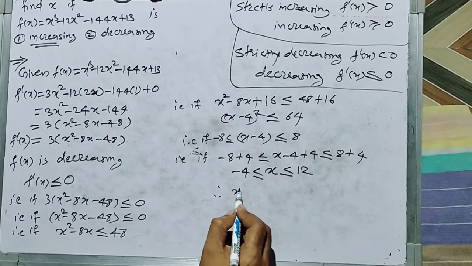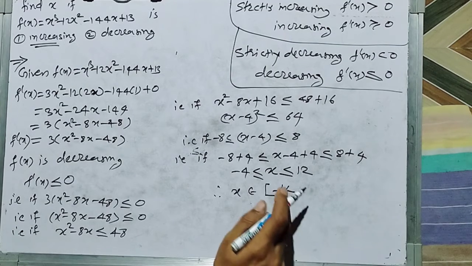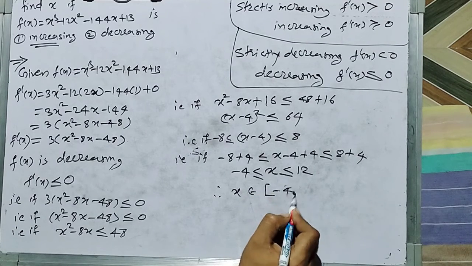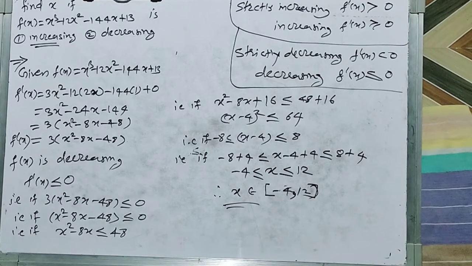So therefore x must belong to the closed interval minus 4 to 12, and this is the required solution whenever f is decreasing.